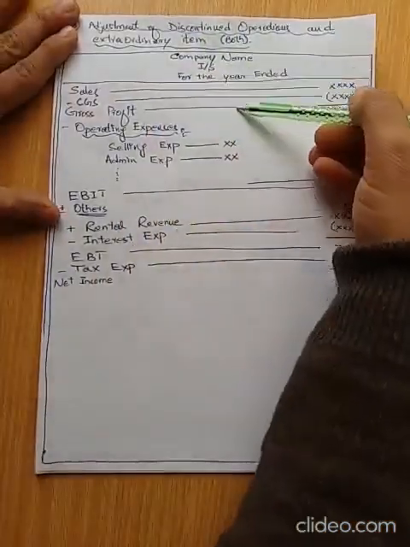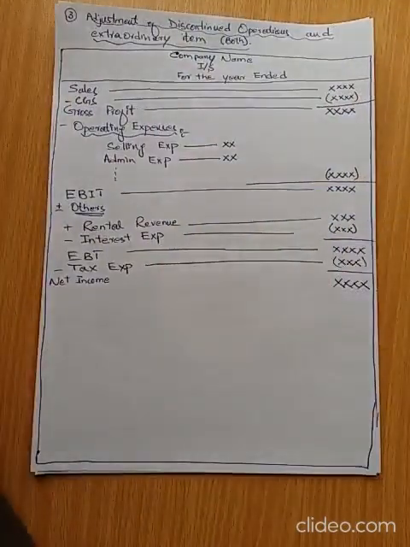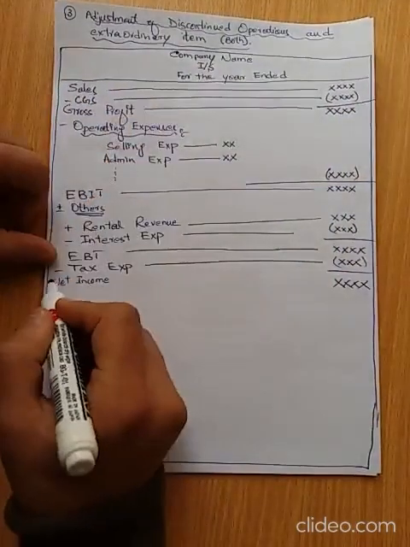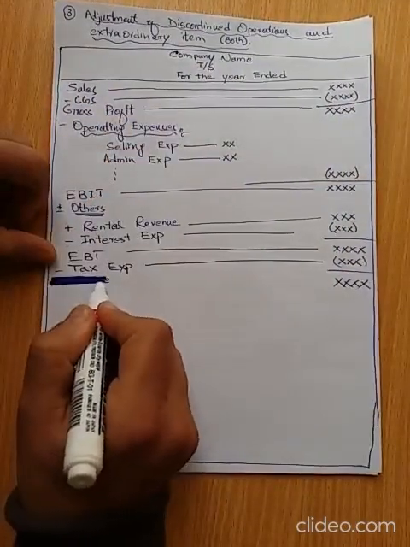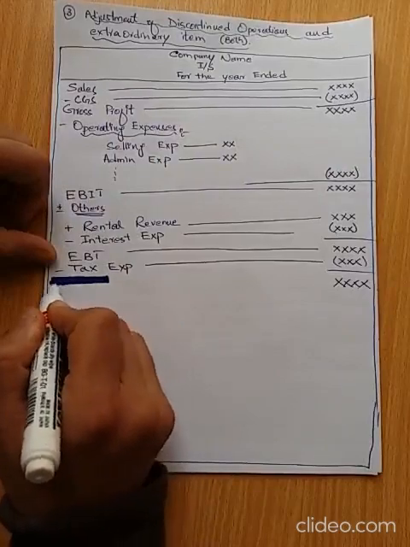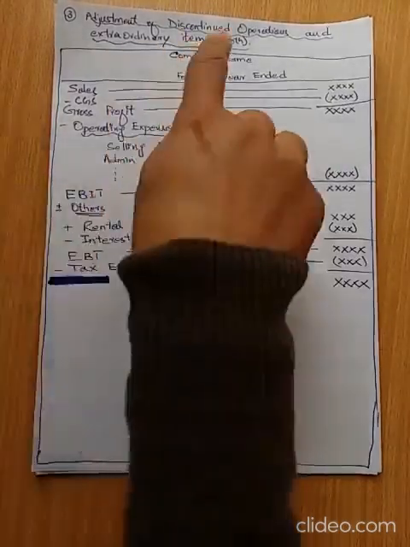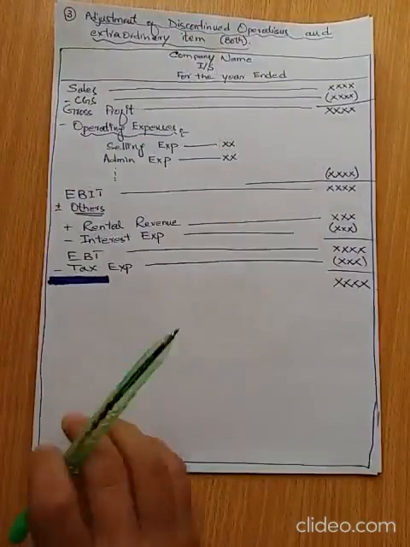So again, the same format of income statement. Okay, there is nothing changed, so I cannot name the last income figure as net income, because we had discontinued and extraordinary item available.